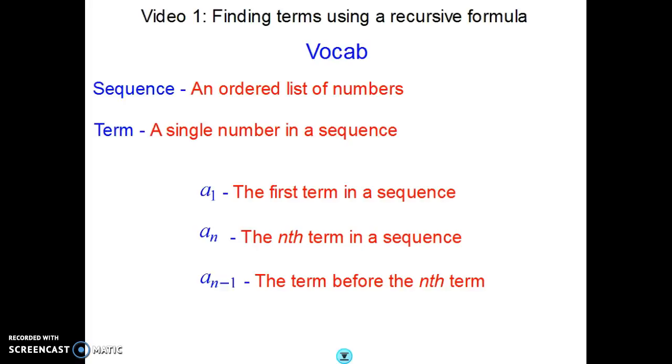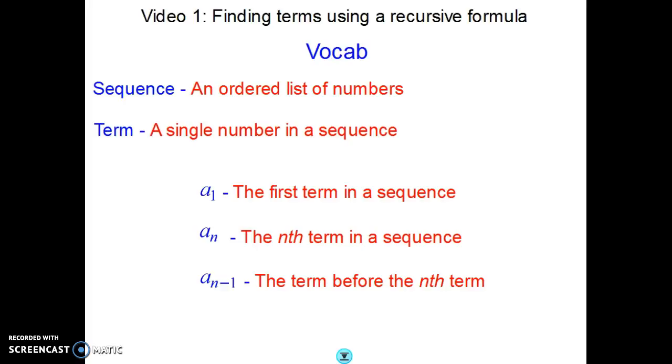And then when we're talking about terms, we want some terminology to use there. Specifically, we'll be using things like a sub 1, a sub 2, a sub 11. A sub 1 just means the first term. A sub 2 means the second term. A sub 50 means the 50th term. We also sometimes refer to a general a sub n. This just means the nth term in a sequence, and n could be any number.